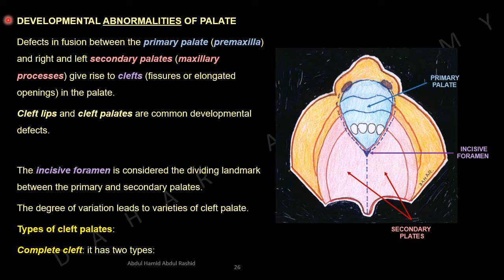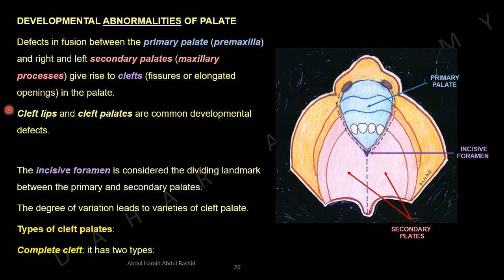Developmental abnormalities of the palate. Defects in fusion between the primary palate, premaxilla, and right and left secondary palates, maxillary processes, give rise to clefts. They are fissures or elongated openings in the palate.